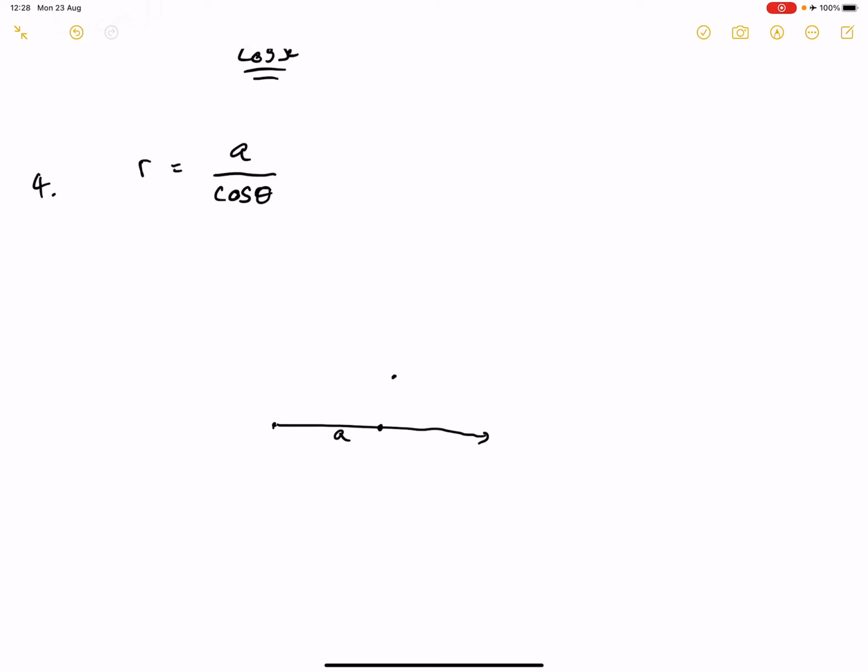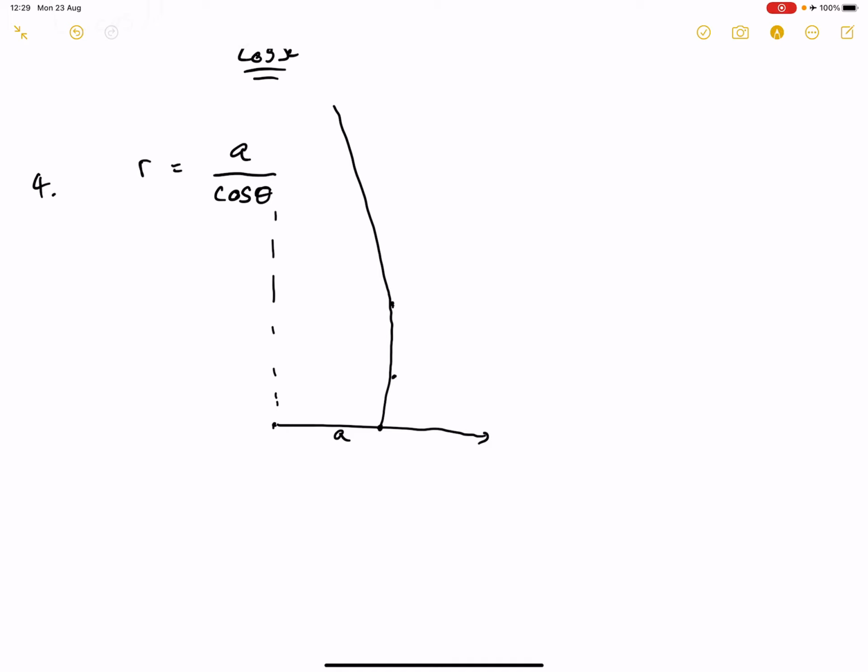At 60 degrees, we have a size of 2. And at 90 degrees, we have an error. And that's because we're dividing by 0. Cos of pi by 2 is 0, so therefore we would be dividing by 0. So what this will actually do, because as cos theta gets closer to 0, this will tend to infinity. So what we'll get is something that looks horrible, I apologise.